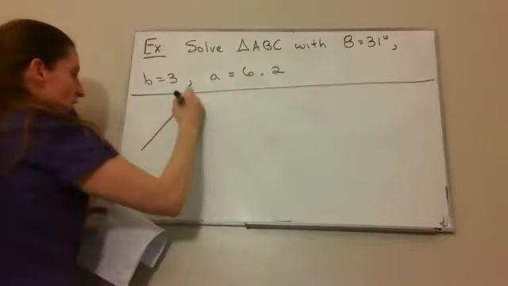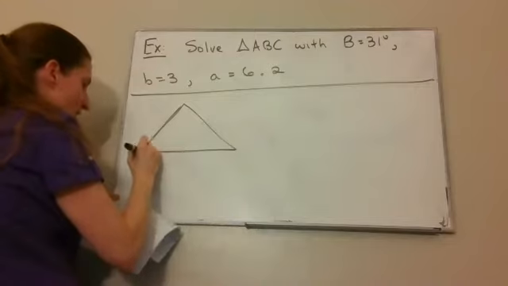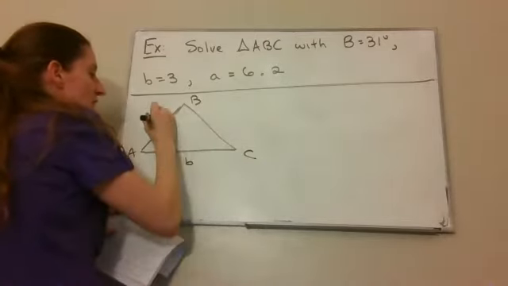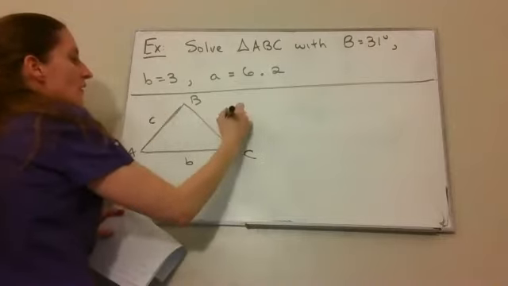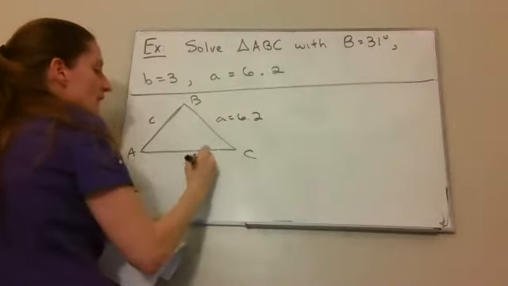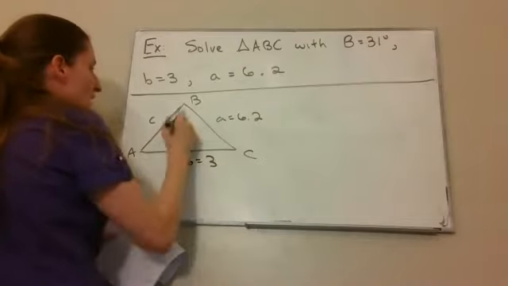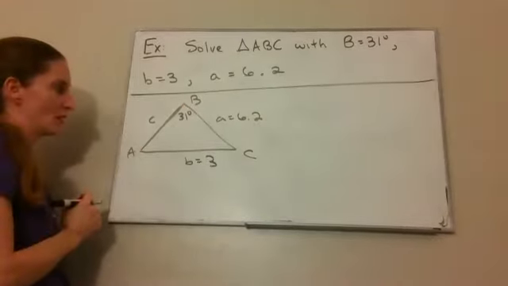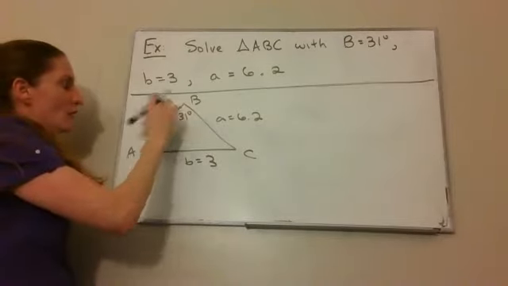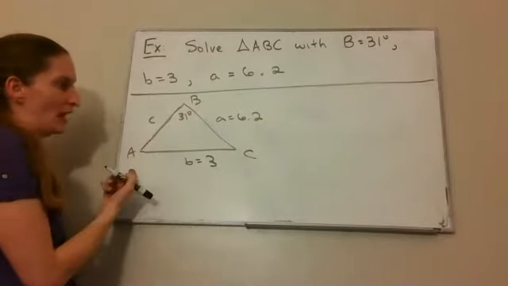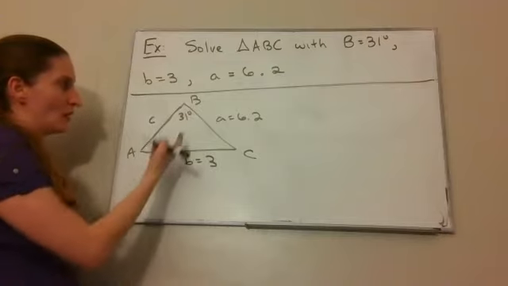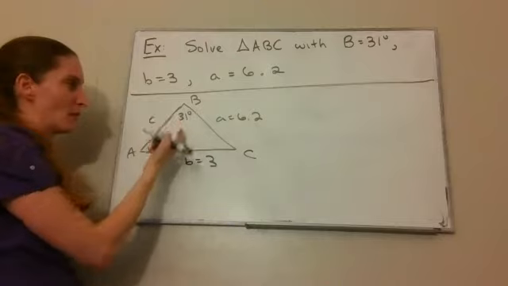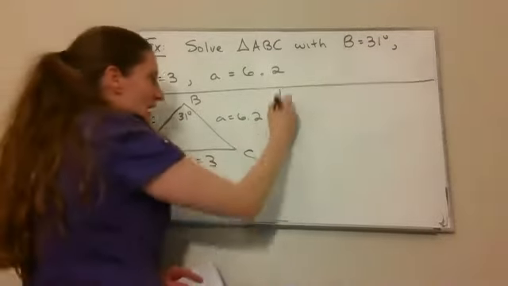Again, just draw a triangle to organize your thoughts, and label it with all the information that we're given. All right, so the first thing I would do is find angle A using my law of sines with the information about B and the side length A.